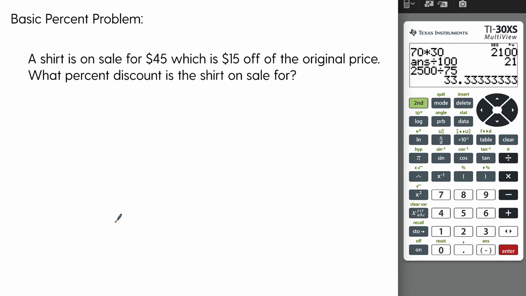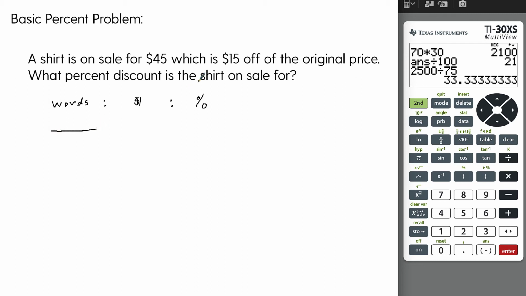Here is a shirt on sale for $45, which is $15 off of the original price. What percent discount is the shirt on sale for? Remember, here's our template. We're going to do words compared to money compared to percent. I'm giving myself lots of space.